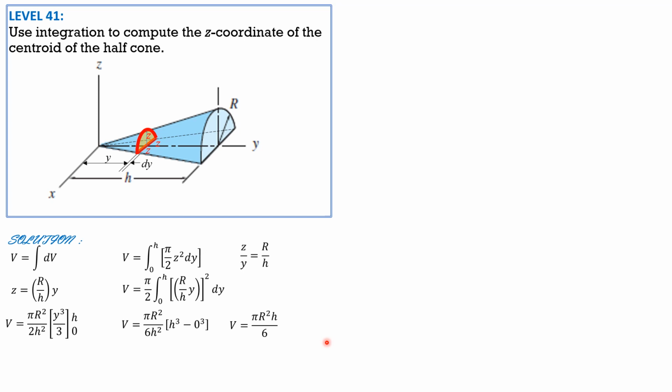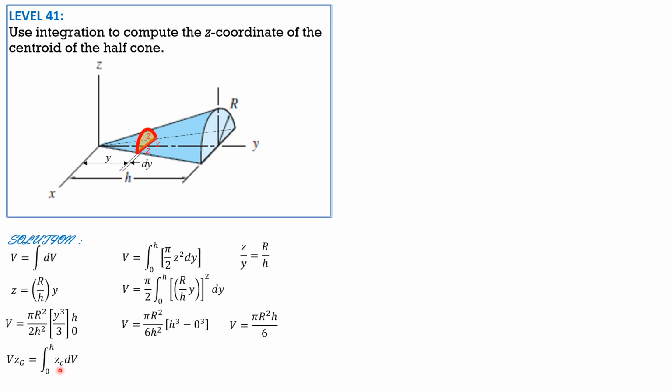Then applying Varignon's theorem, volume times z sub g, the z coordinate of the centroid of the entire half cone, equals integral of g sub c dv.